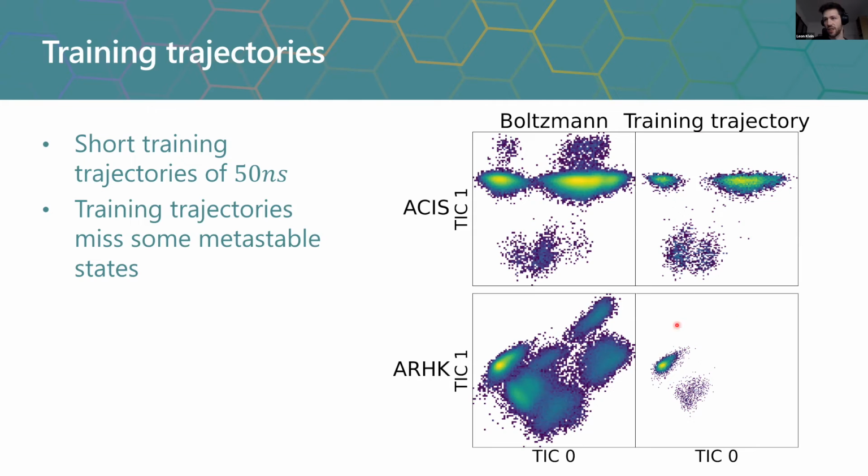Especially here in the lower half, we miss most of the metastable states. But because we're using so many peptides in the training, the idea is that the model can still learn to sample the correct distribution. Of course, this training data is fast to generate, but has some limitations, which makes the whole problem even more difficult.